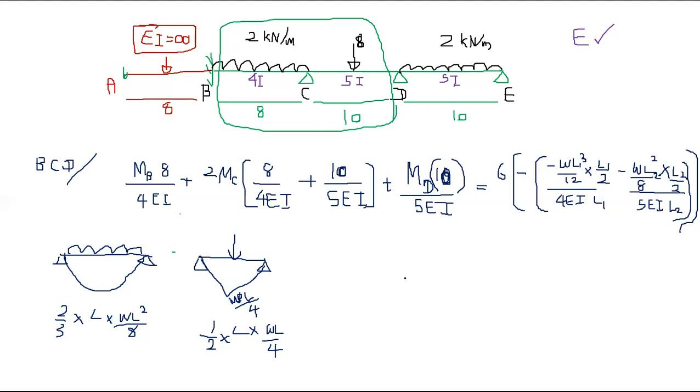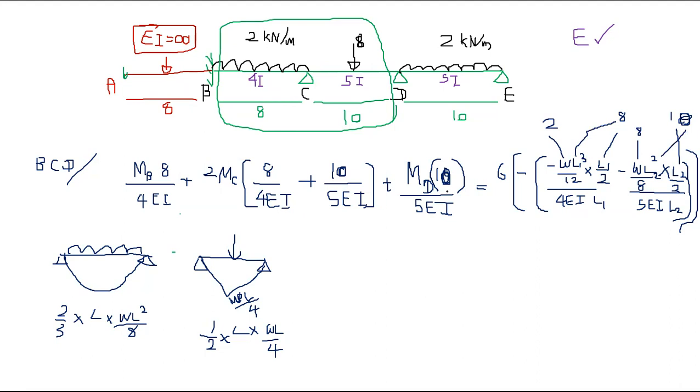Okay. So once you simplify this, okay, so L1 is 8, L2 is 10, W is, this is the uniform UDL, this is the point load, this is also 8, and L2 you know 10, L1 is also 8, right?